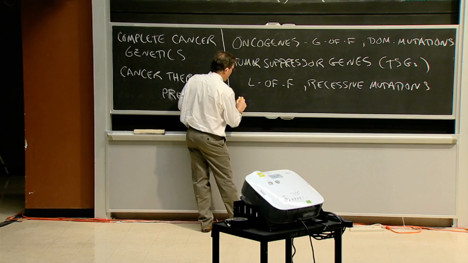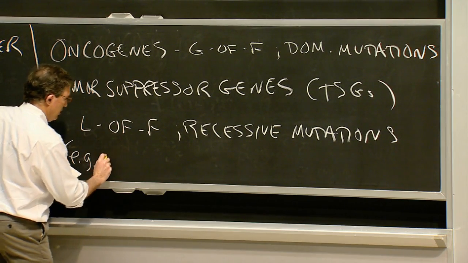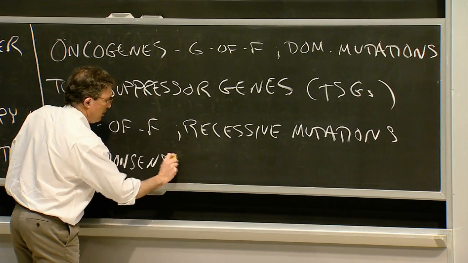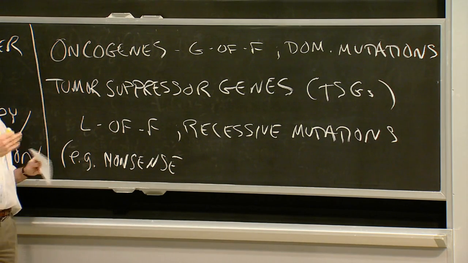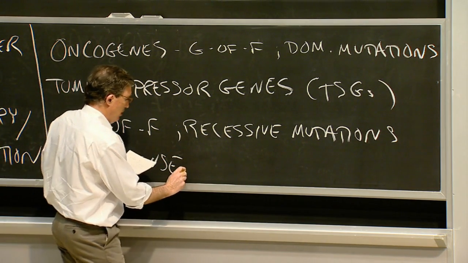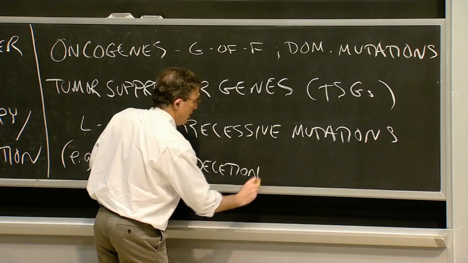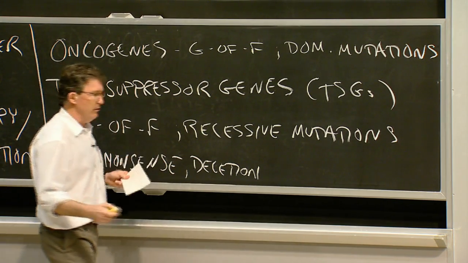And these loss-of-function mutations can be various. You might find nonsense mutations in a tumor suppressor gene, which block the production of the protein. You might find a deletion, which takes out the entire gene or a big portion of the gene.